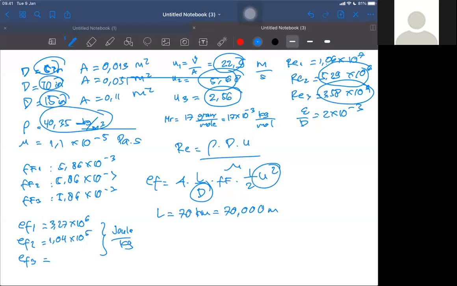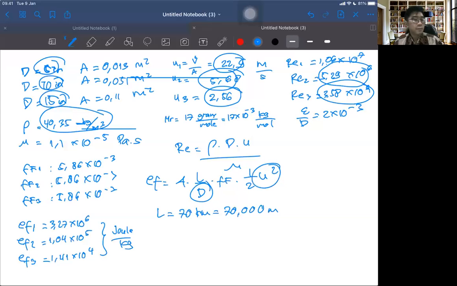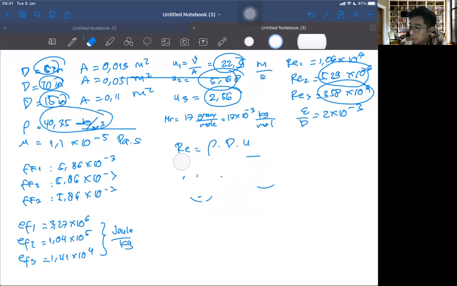EF3, sir, I got 1.41 times 10 to the power of 4. How about the others? You get the same value until this part. After you get the value of EF, now you are ready to put it into the Bernoulli equation.